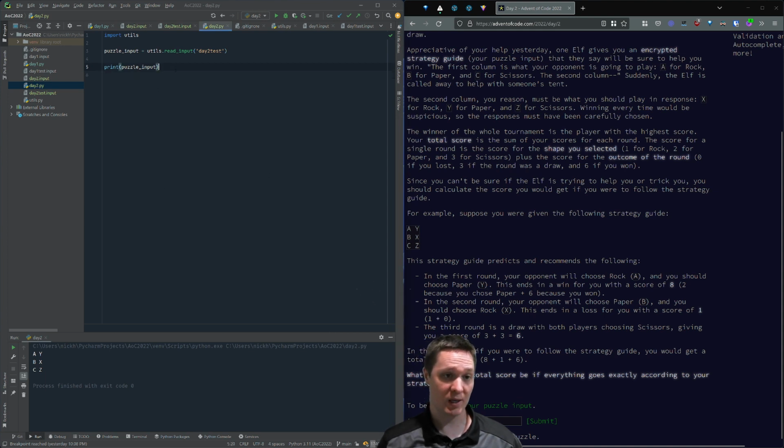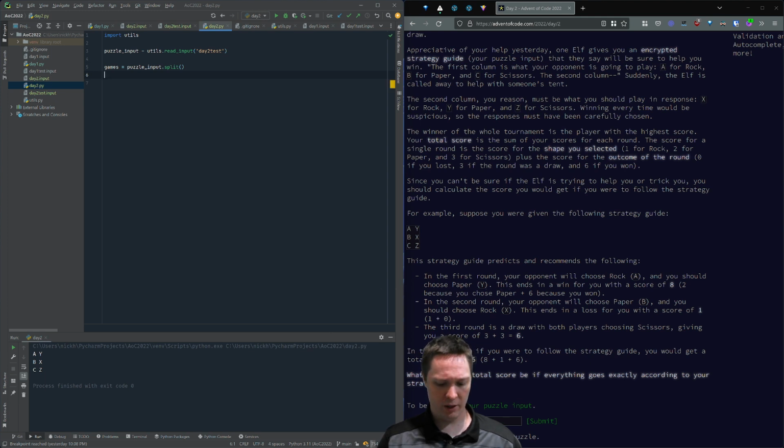So each line is a game. So we're just going to split by each line. So game equals games, puzzle input, split. And then their move... There's a split lines, which is actually better.